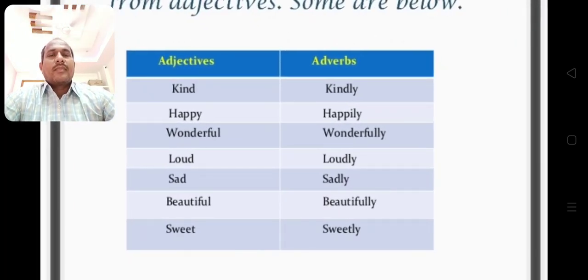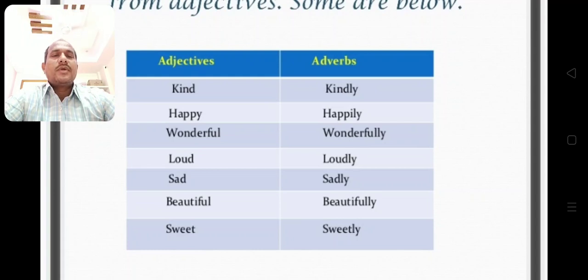Kind. Kind is an adjective. If we add ly to kind, it becomes kindly, an adverb. Happy, happily. Wonderful, wonderfully.